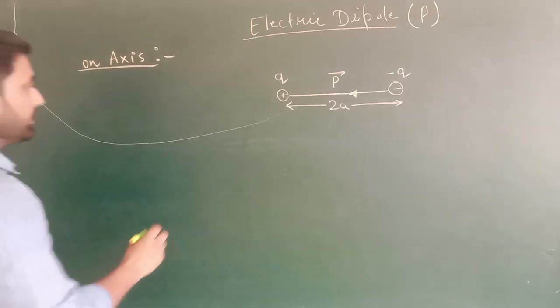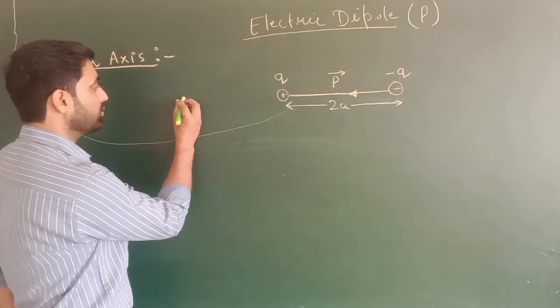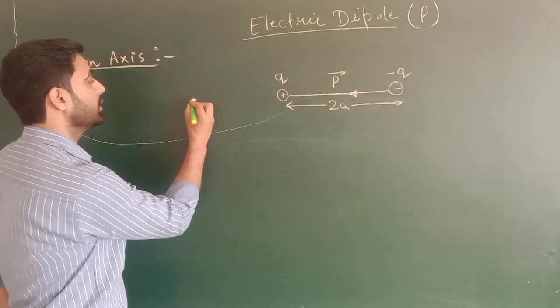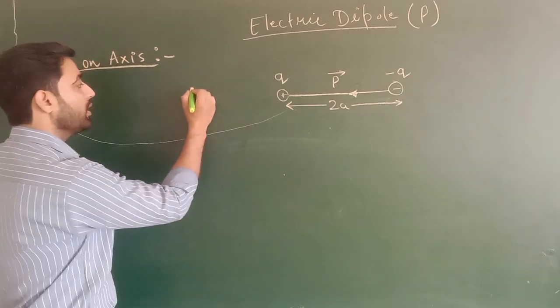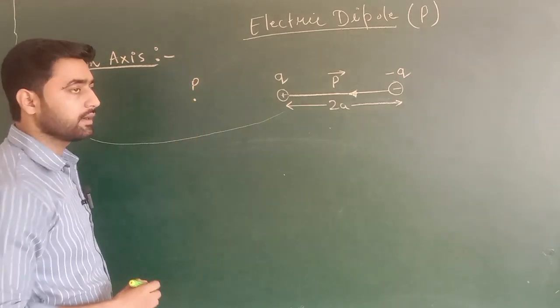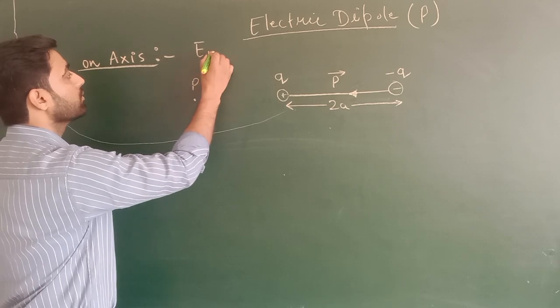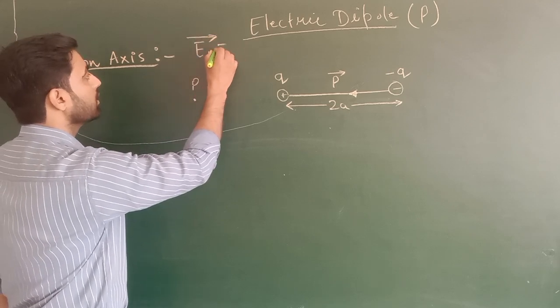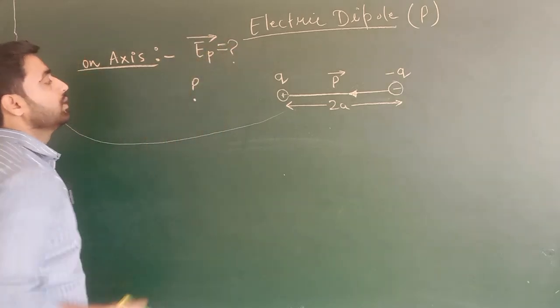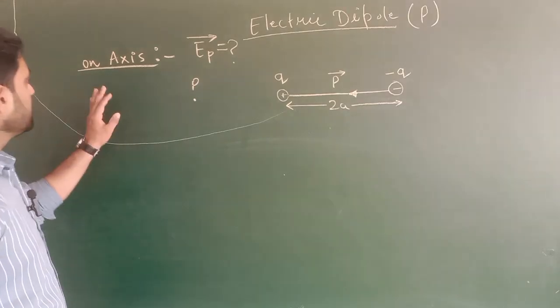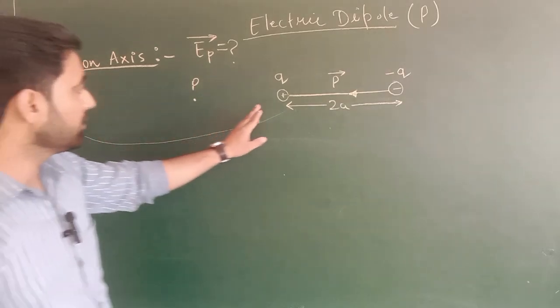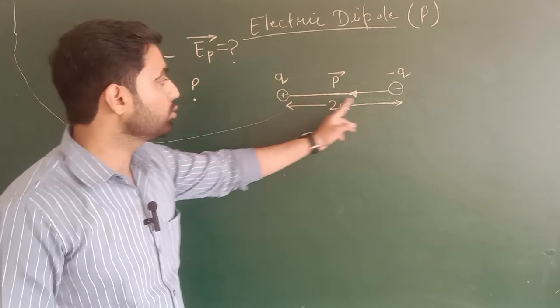I want to calculate the electric field due to dipole at point P. So our target is to calculate electric field at point P. On the axis means on the line joining the two charges.